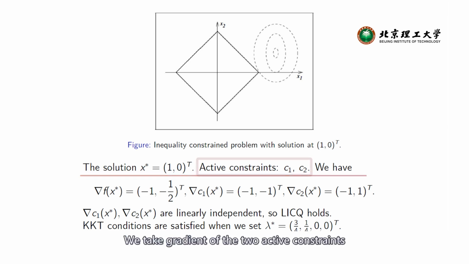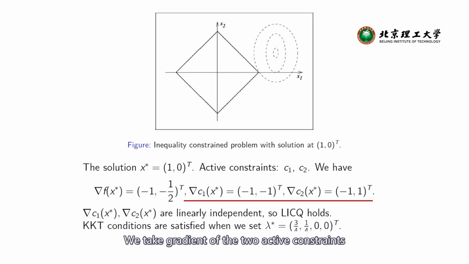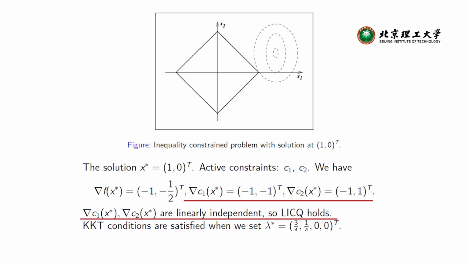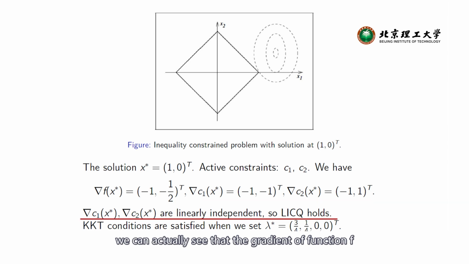We take the gradients of the two active constraints and we can see that they are indeed linearly independent. Moreover, if we solve the KKT conditions, we can see that the gradient of function f can be expressed as a linear combination of the two gradients here with the coefficients 3/4 and 1/4.